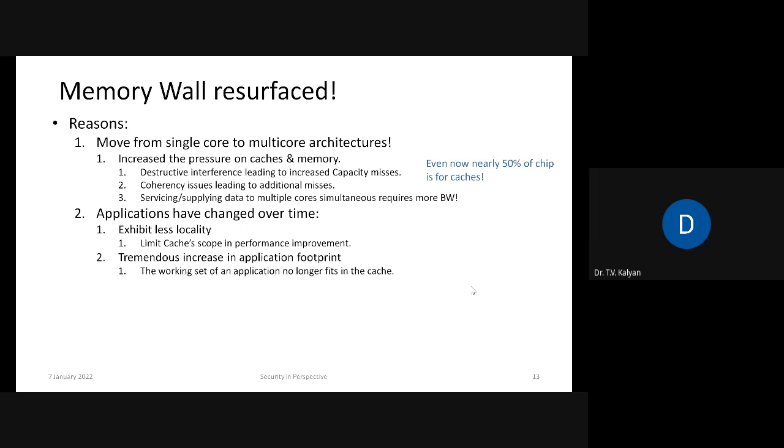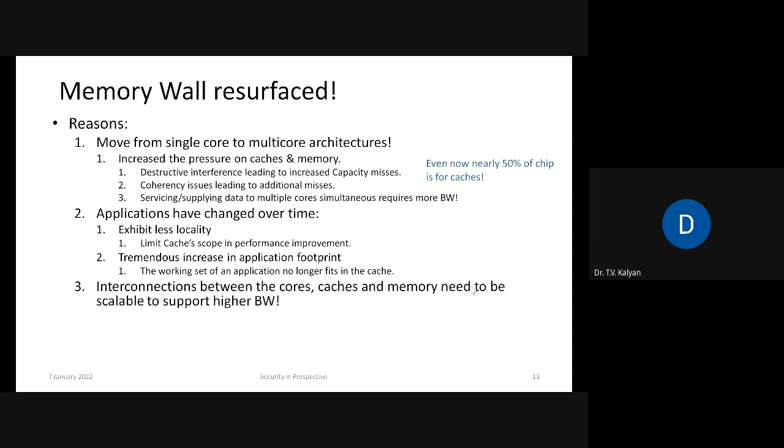The size of the applications has also increased over time. Because of that, the caches that we have in the current processors are no longer holding the working set of the application. Working set meaning the code on which the application spends most of the time. Typically, it is a few sets of loops, etc. Right? Also the interconnections between the cores, because we have multi-cores, right?